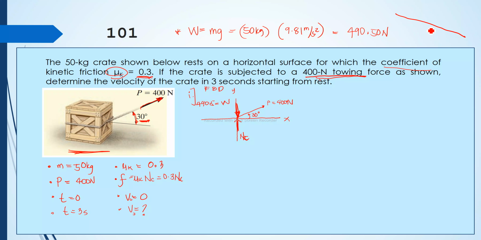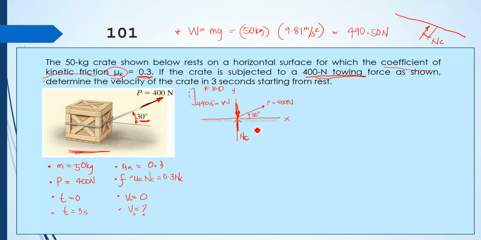If we have an inclined surface, then the normal force is always perpendicular. Since the surface here is horizontal, this is the normal force when plotted in the free body diagram. What other force is acting on our object or the crate? You are given the coefficient of kinetic friction.